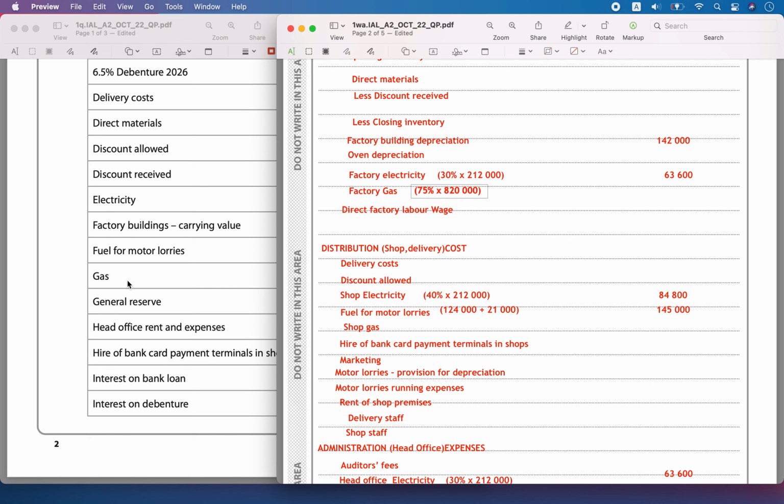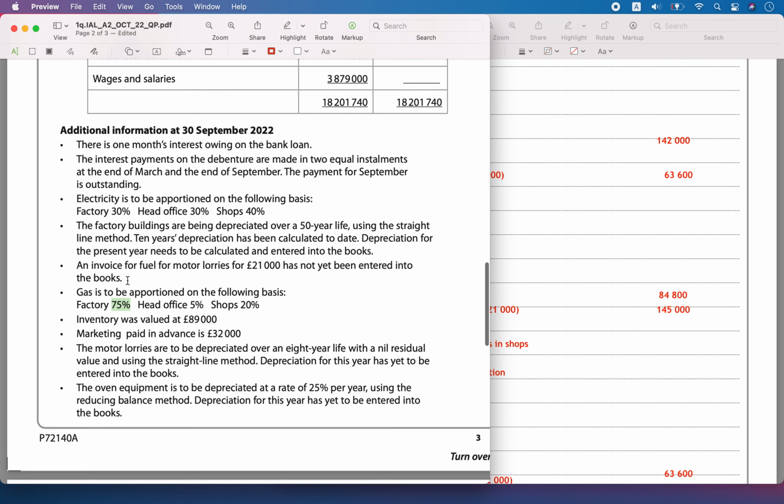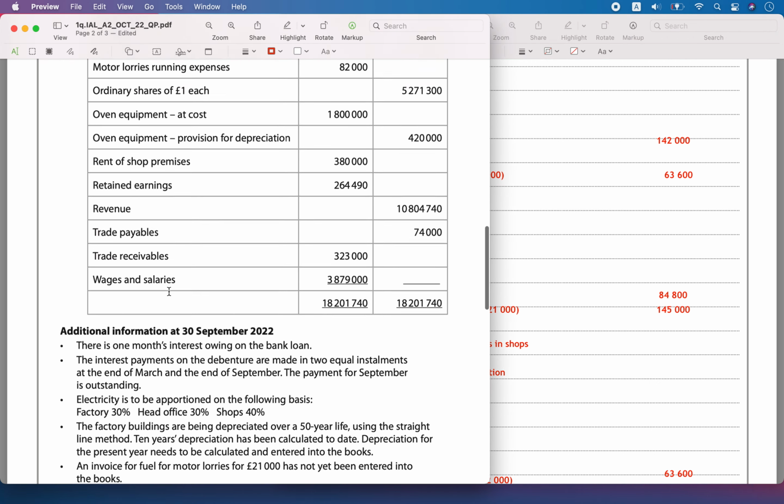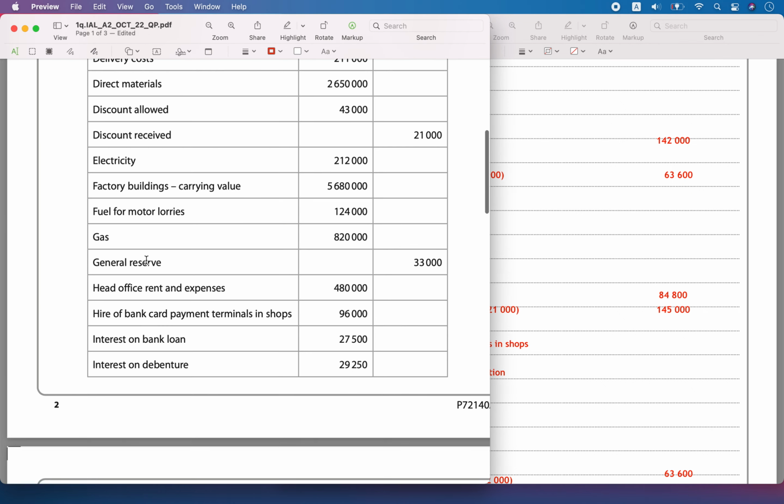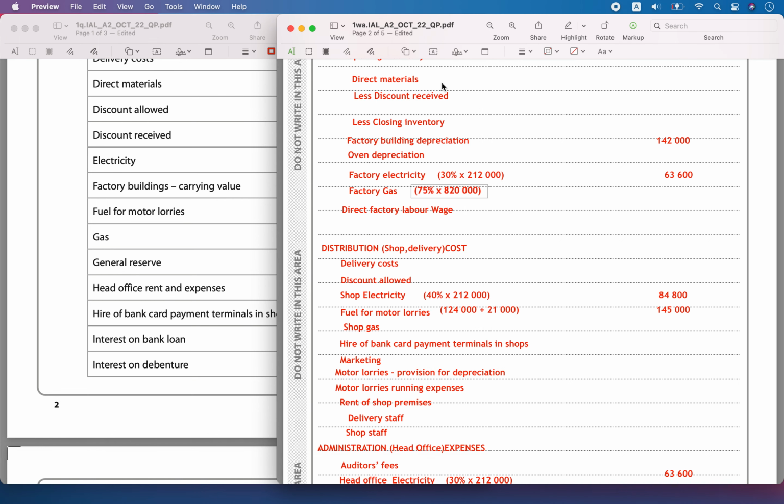So that is going to be equal to 615,000.